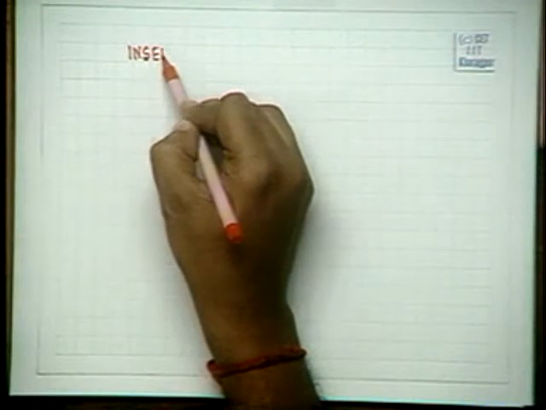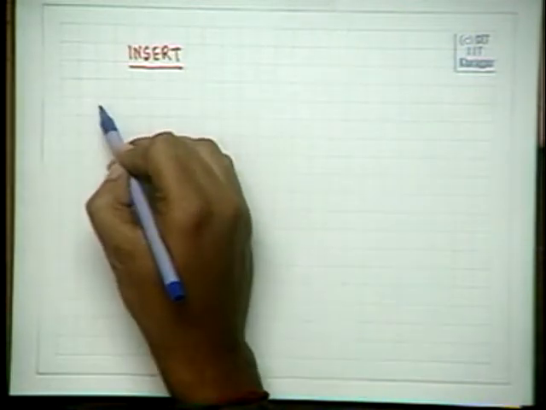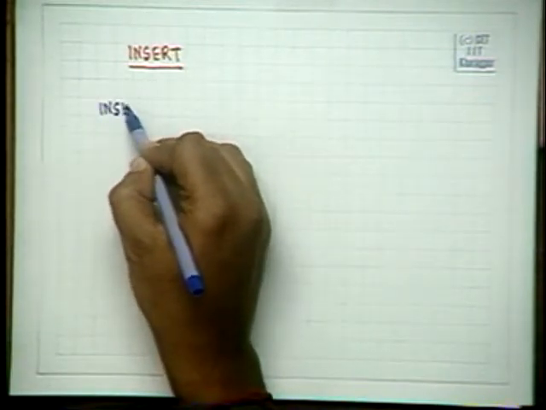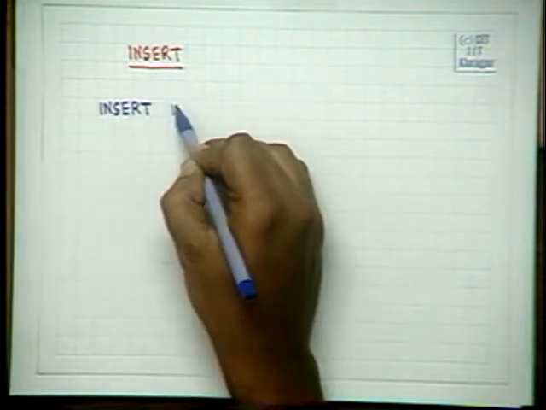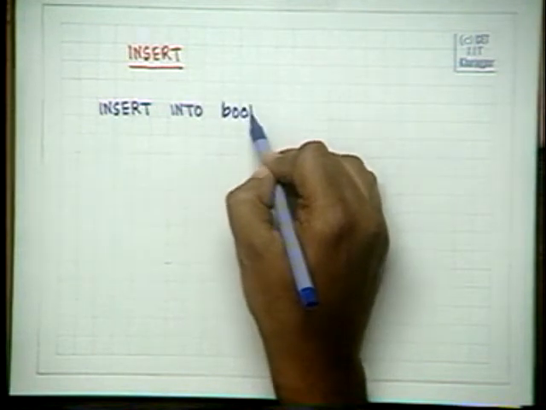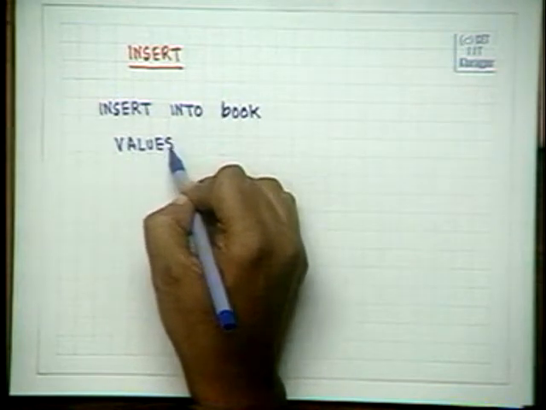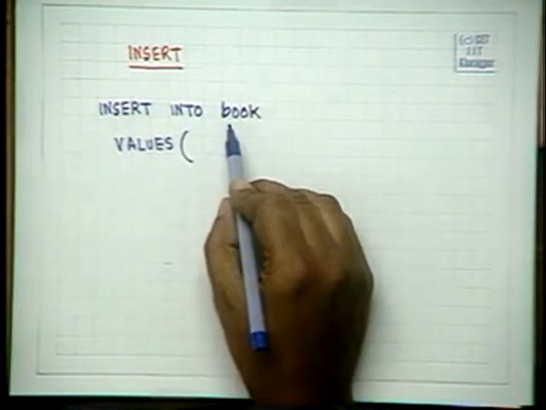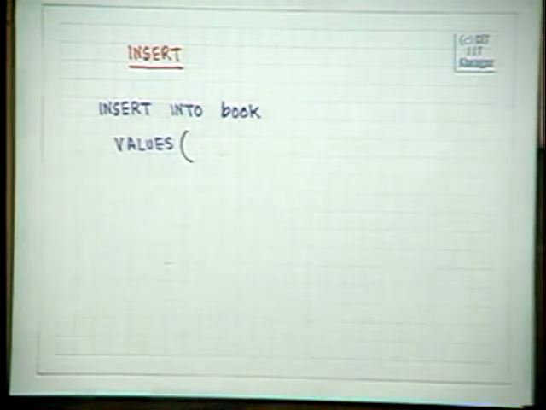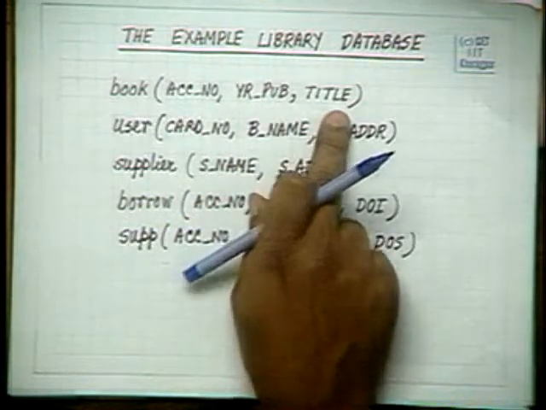Next we come to the insert operation. The insert function: the book relation has got three attributes: accession number, year of publication and title.